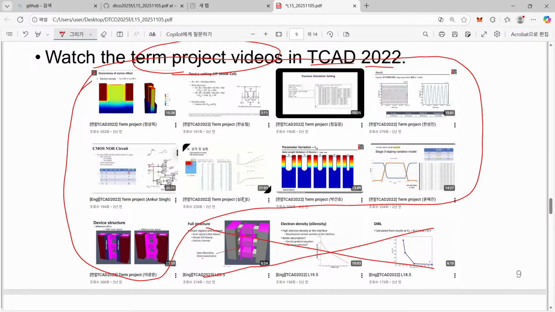Some of you have a strong interest in memory devices, or some of you really want to study more about FinFET. Some of you want to apply it to, for example, nanosheet MOSFET or complementary FETs. So you are allowed to do what you want to do.